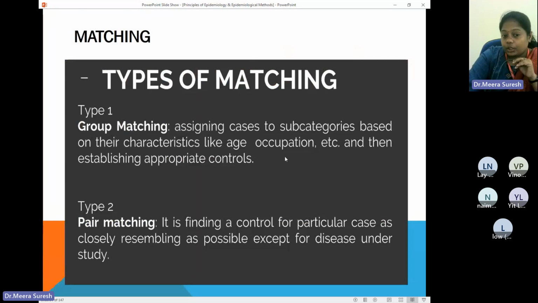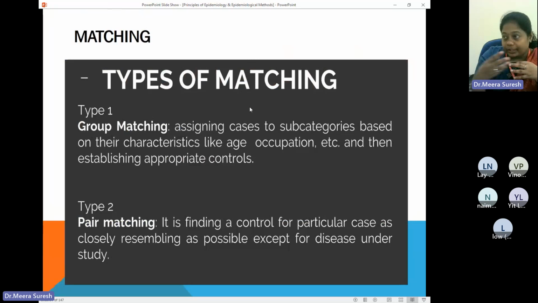You are going to do a grouping like that, and then the control also will be grouped accordingly. You take a particular group of sex, of a particular age group, a particular occupation, like that a particular matching is being done, so that there won't be any bias, or to reduce that bias maximally.